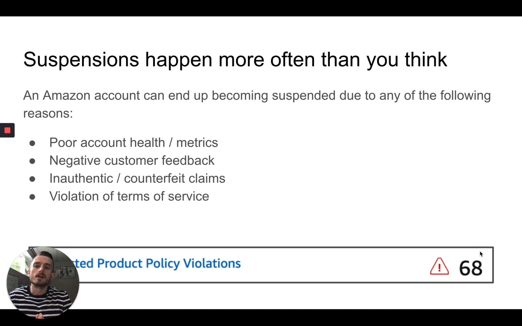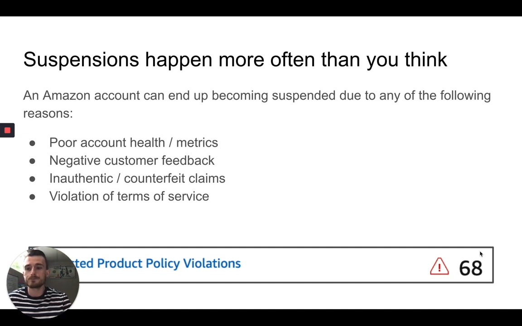Another example is negative customer feedback, okay? If you accumulate enough negative customer feedback on your account, that can result in your account getting shut down. Amazon will stop your account and look into why there's so much negative feedback being left once it goes below a certain standard.